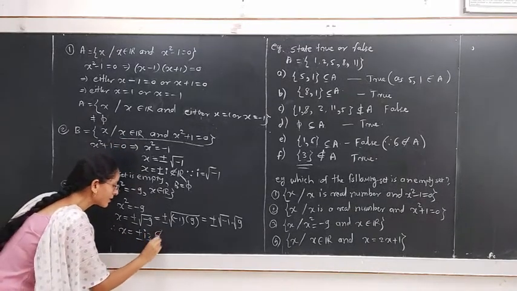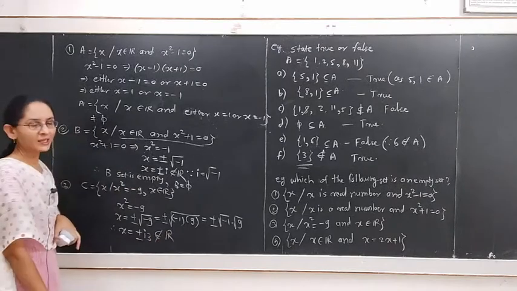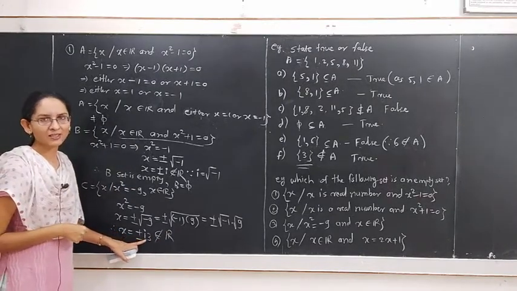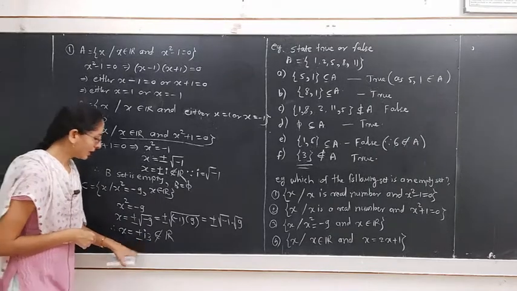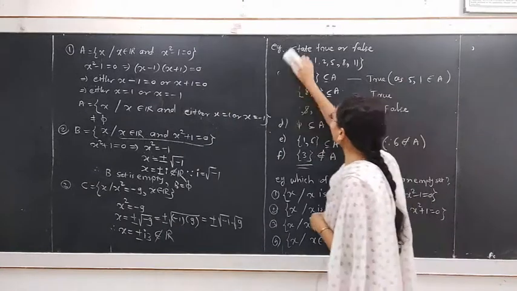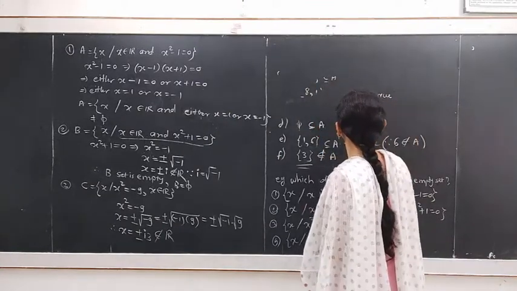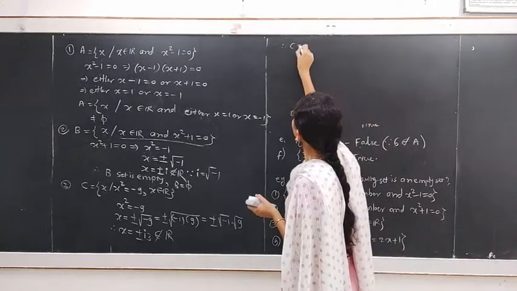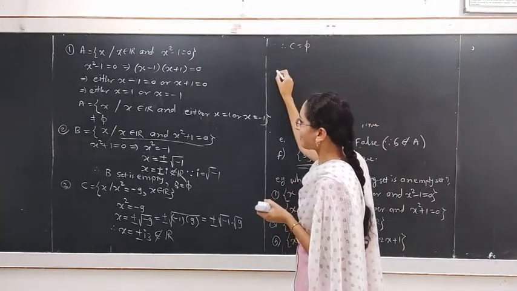These values do not belong to the set of real numbers, because i is a complex number, hence 3i is also a complex number. That is not a real number. Therefore, the set C is an empty set, C is equal to phi.